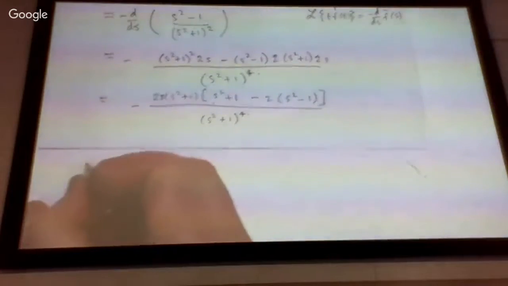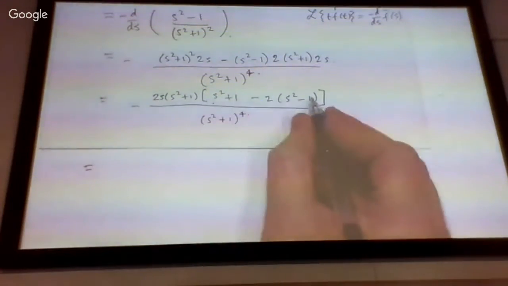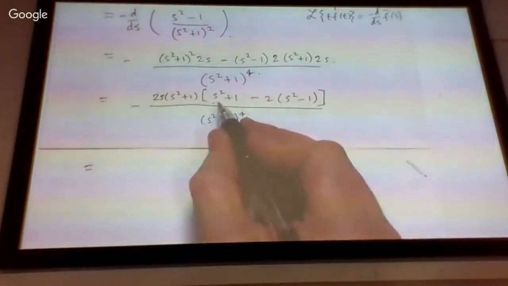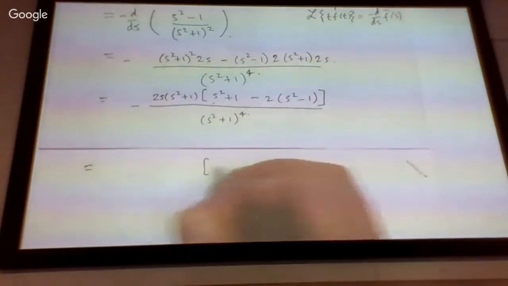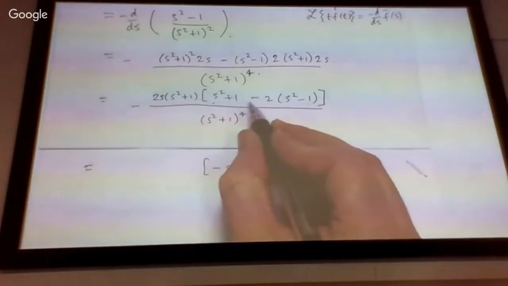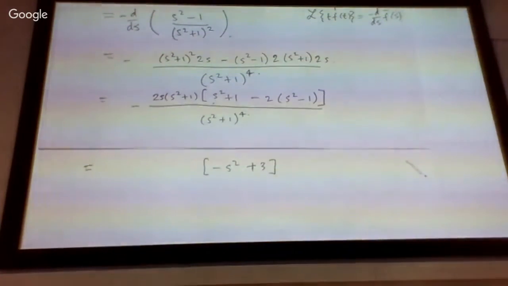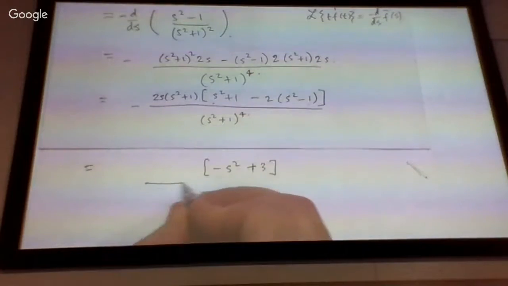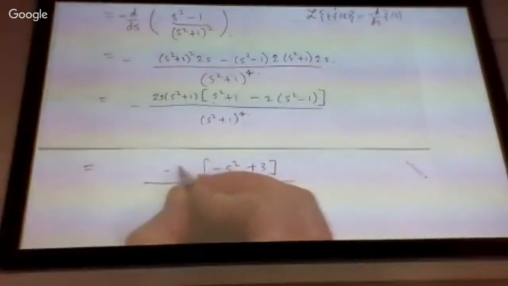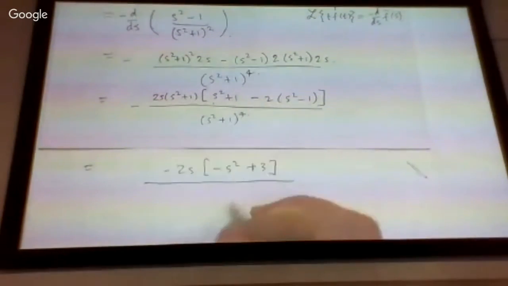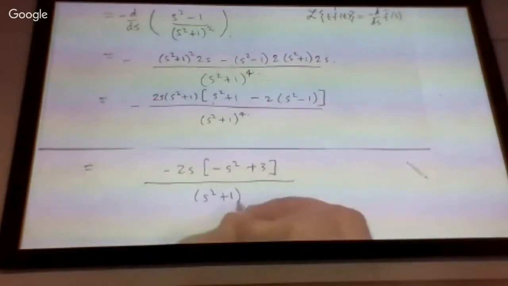Yeah, so there's further simplification there. What's going on inside this square bracket first is going to be s squared minus 2s squared, so minus s squared, and 1 plus 2, 3, I believe. And so minus 2s, and s squared plus 1 will reduce the denominator to a cube.